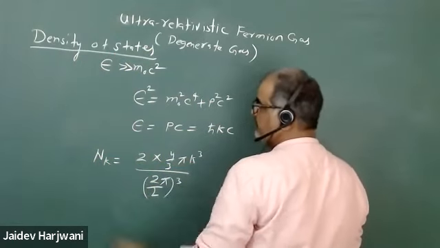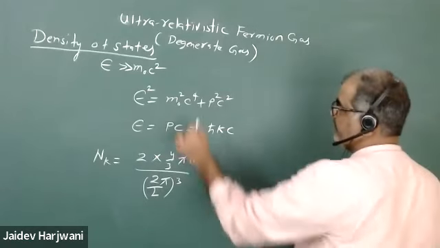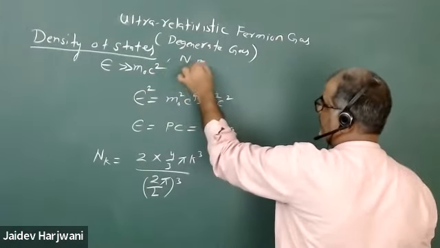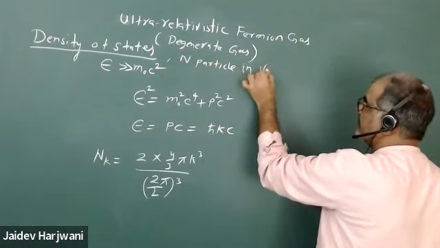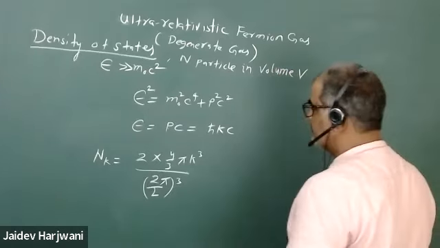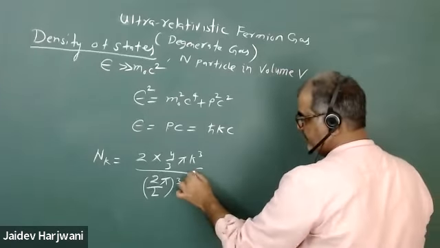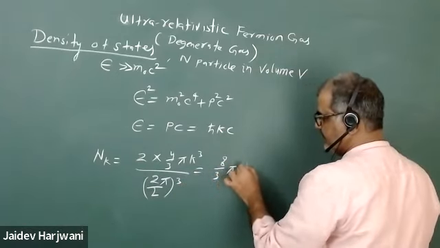There are N particles, N electrons, in a volume V. So I can simplify this as 8 by 3 pi k cube.